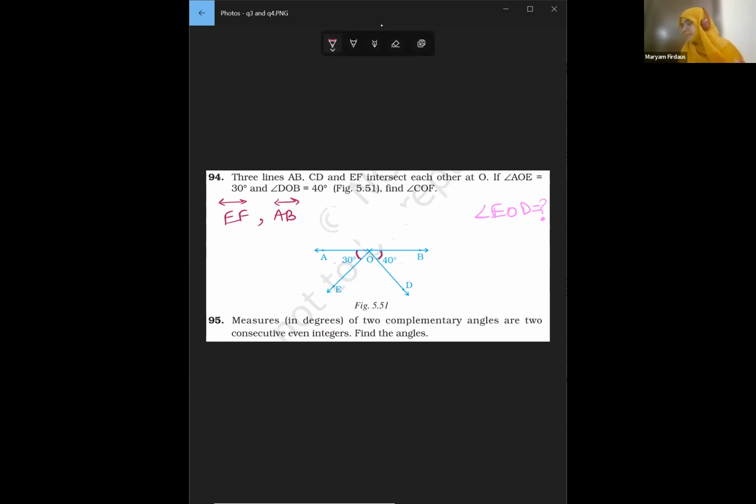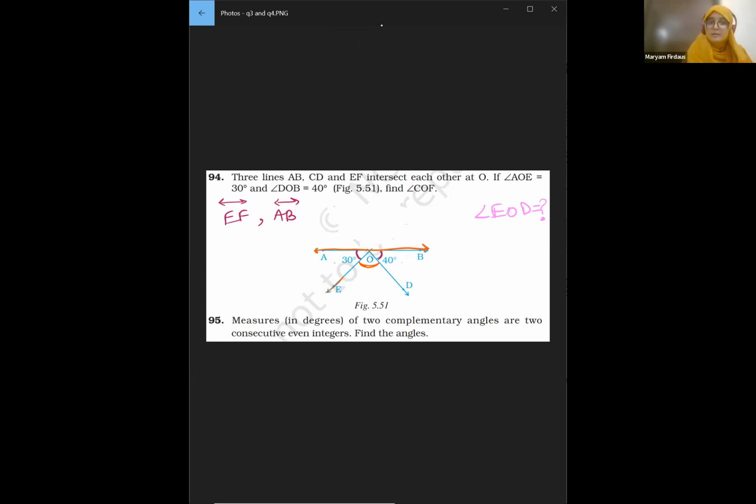My question to you is, when you add these three angles, what will you get? Remember the fact that all three of them are lying on the same line. These are angles on the same line.